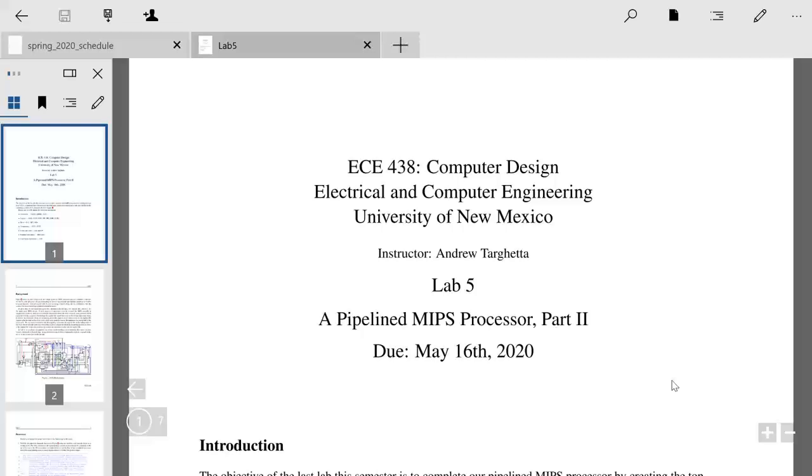Just real quick, I set the lab date for the 16th of May, which is officially the end of the semester. Usually after that, I start getting nasty grams about turning in grades. That being said, with the pandemic that we're in the midst of, I'm not sure that's going to be the case.